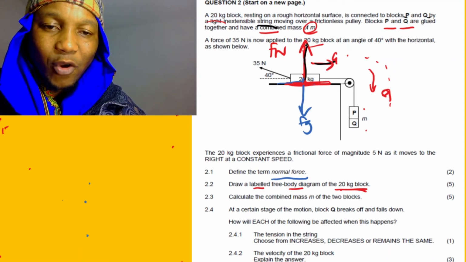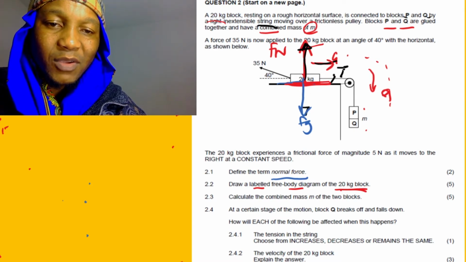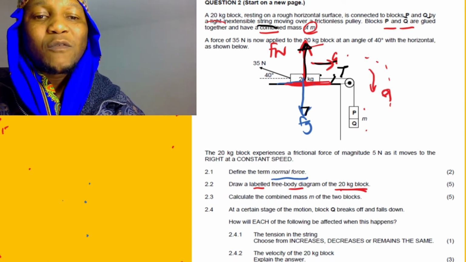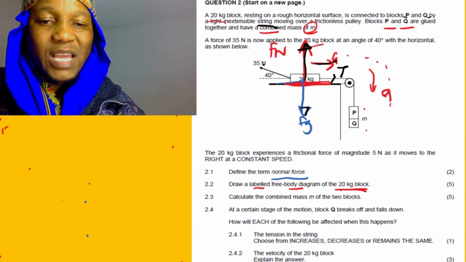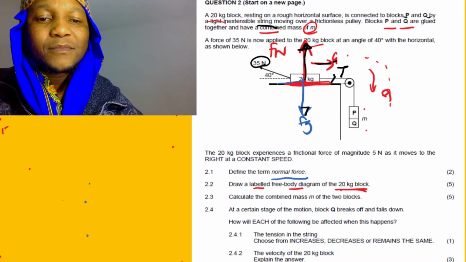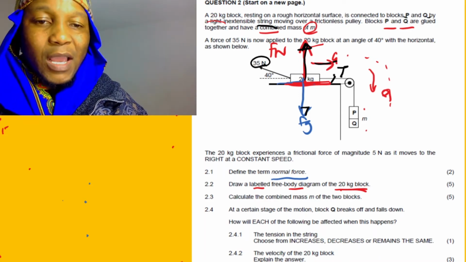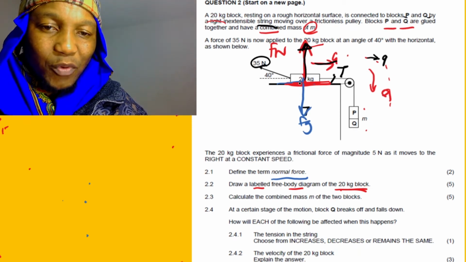We have a normal force, we have a force of gravity, and here's the tension, because tension is the force which makes this object move to the right, since you're pulling it here with 35 Newton. And since the object moves this direction, we have a friction force which is opposing here.